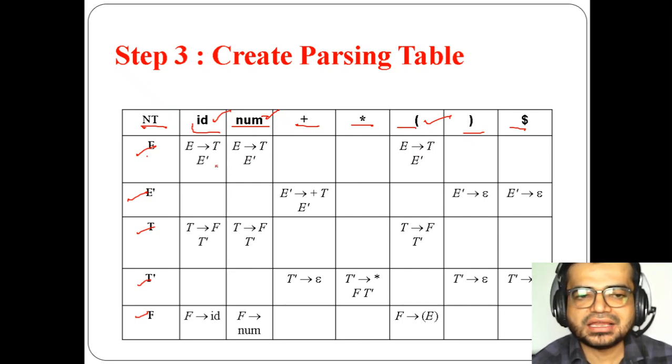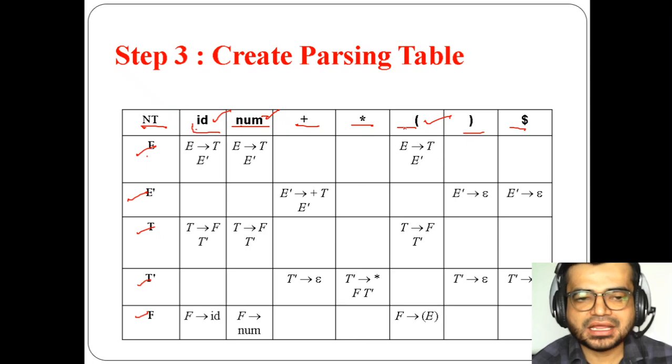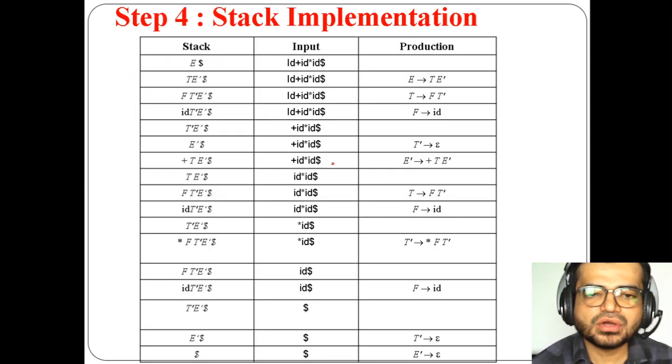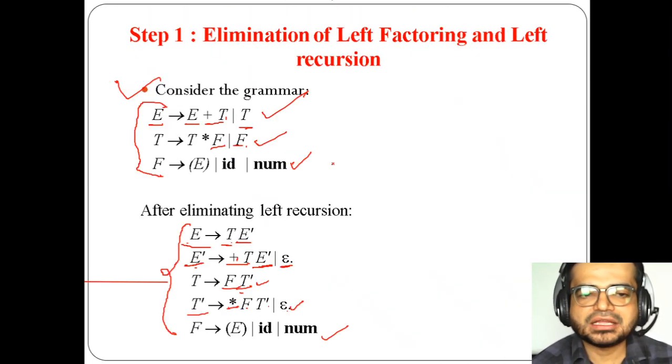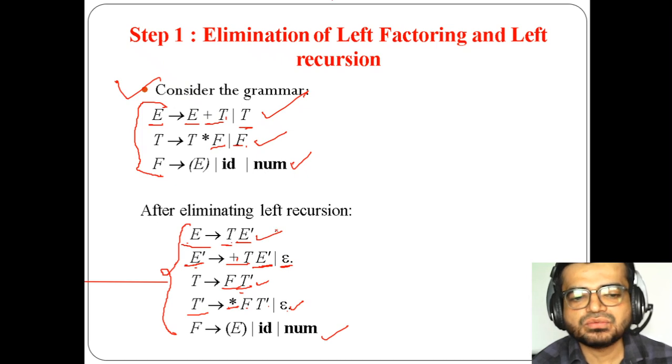We have to take the production in such a way that you generate ID, you generate number, and you take opening bracket as the first. So how do you take it? You have to take it by the procedure. You see E as which production? TE dash. Only E is associated with TE dash.